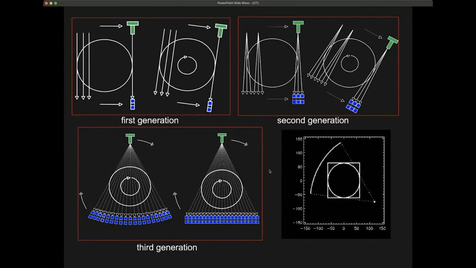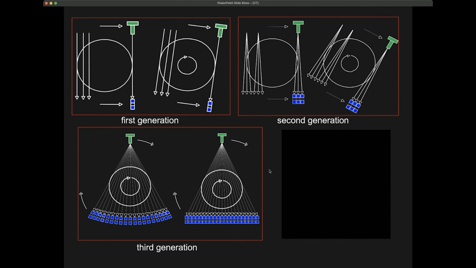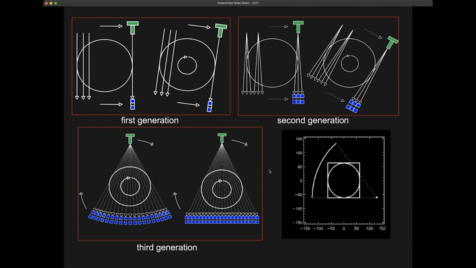Okay, what do these scanners look like? Well, in the end, in order to do X-ray imaging, as we said before, we have to measure X-ray absorption. So that means we have to have X-rays produced at one side of the object. They have to pass through the object, and then we have to measure them with some kind of detector.